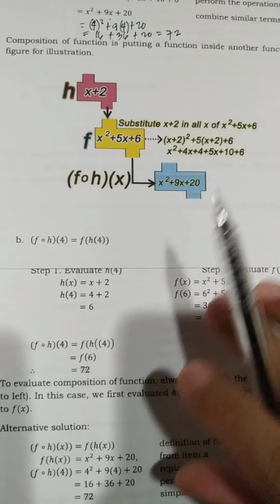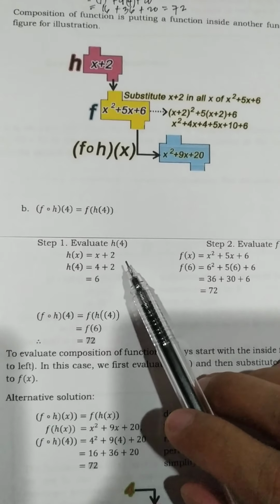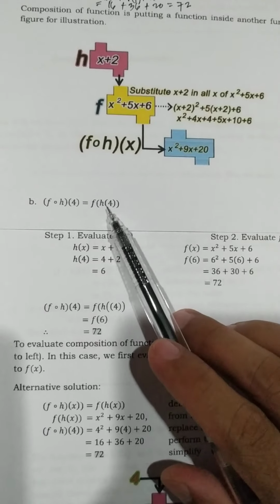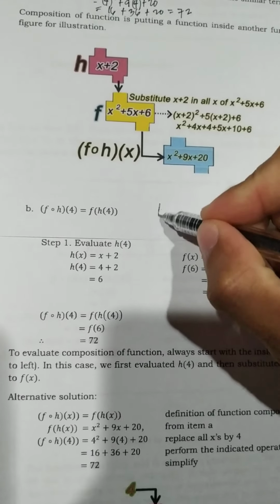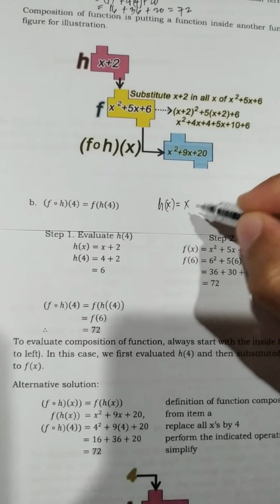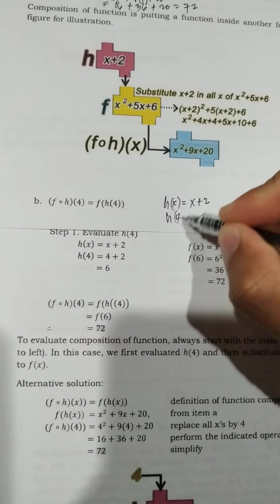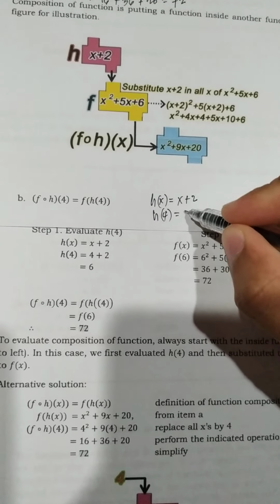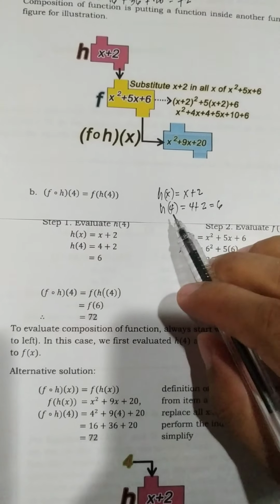But here, because this is the process, we evaluate first h of 4. Since h of x is equal to x plus 2, therefore h of 4, every x is replaced by 4, so 4 plus 2. So that is equal to 6, h of 4.